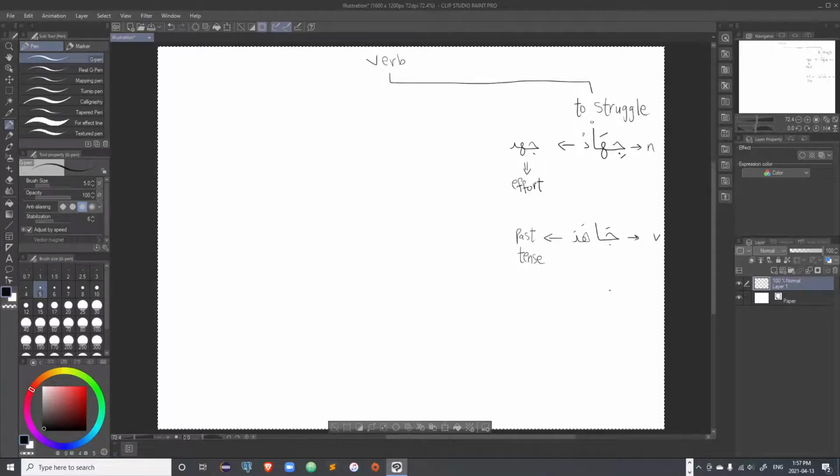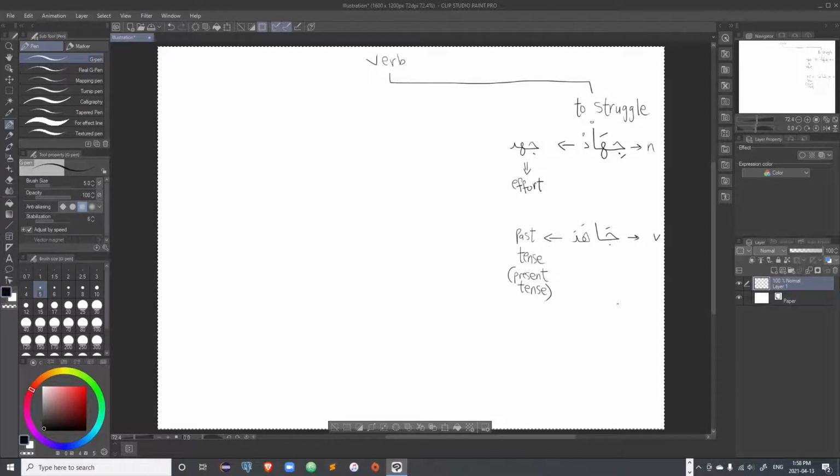For the present tense, it is the exact same spelling, however, difference in diacritics as usual. So I will say this, past tense, and present tense, but with the differences in diacritics, of course.